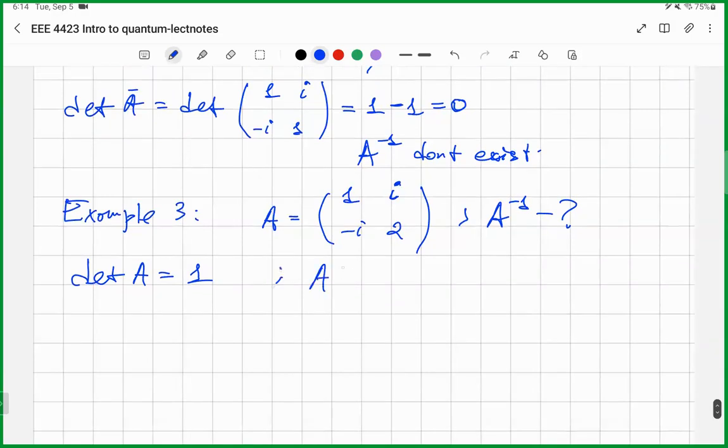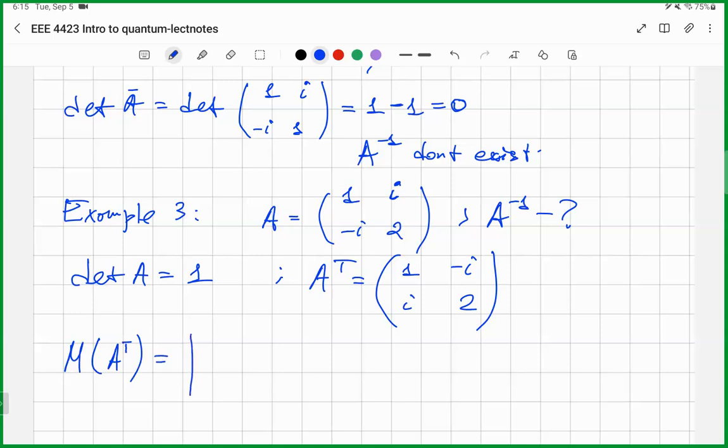For the transposed matrix, we get 1, minus i, i, 2. For the minors of the transposed matrix, we get the matrix 2, i, minus i, and 1.